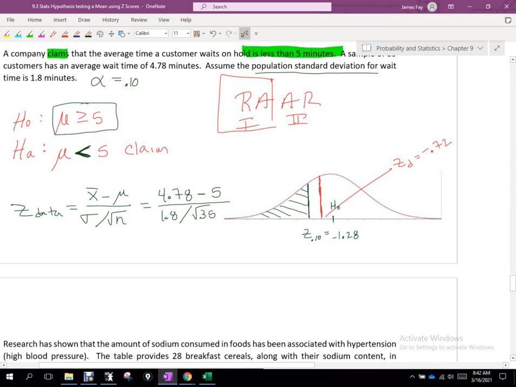Fail to reject just simply says we don't have evidence to the contrary. We don't have evidence to say that this is not the case, okay? But there may be evidence out there that has not been used or discovered that may lead to the contrary, okay? But our sample is not providing that evidence, okay?